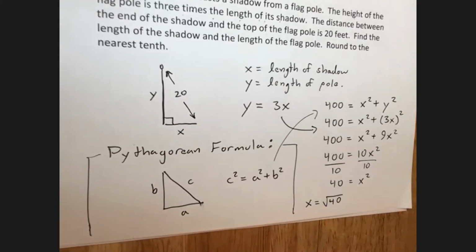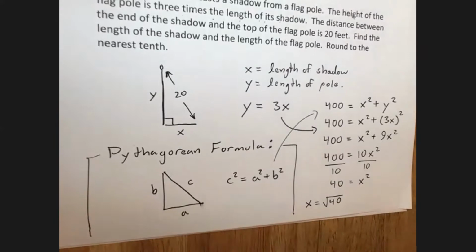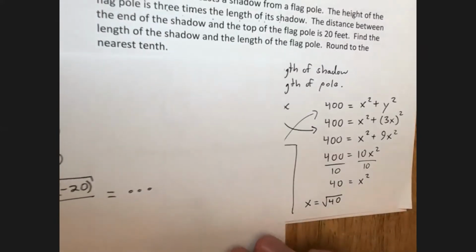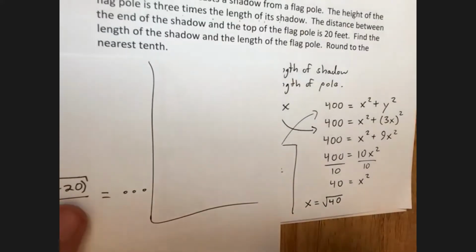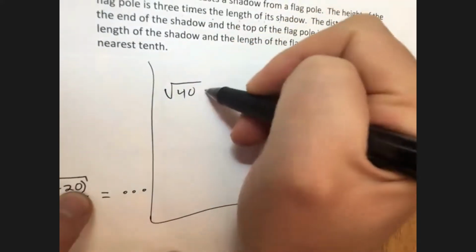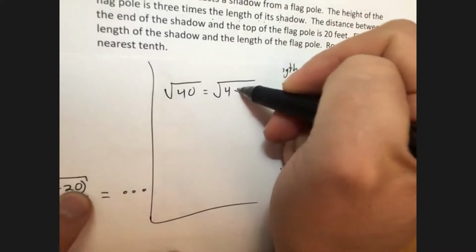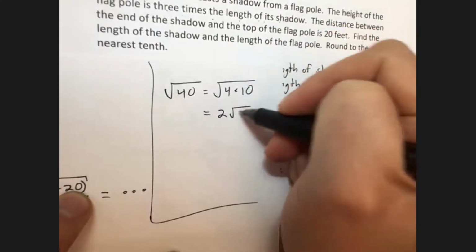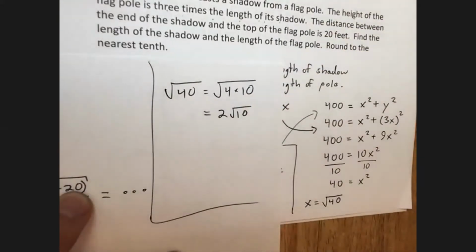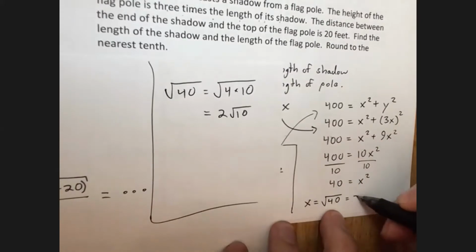Of course, we can simplify root 40. Let me just do that on a separate sheet over here. Square root of 40 is the square root of 4 times 10. Square root of 4 is 2, so it's 2 root 10. Okay. So that's what I would write here, 2 root 10.